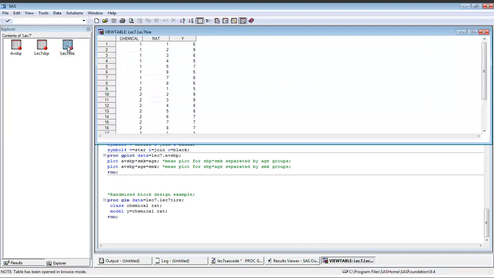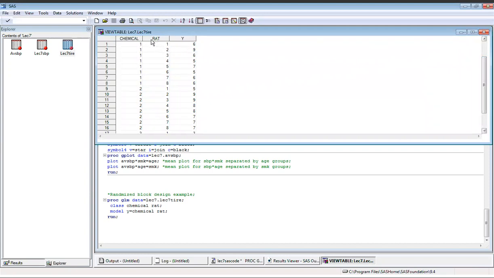So here, if you want to look at the data, you can double click on that data. Basically, we have the levels by the chemical. So we have three different types of chemicals, 1, 2, and 3. And then the second column is the rat, which is a random block, and the Y is our outcome for the degree of toxicity.